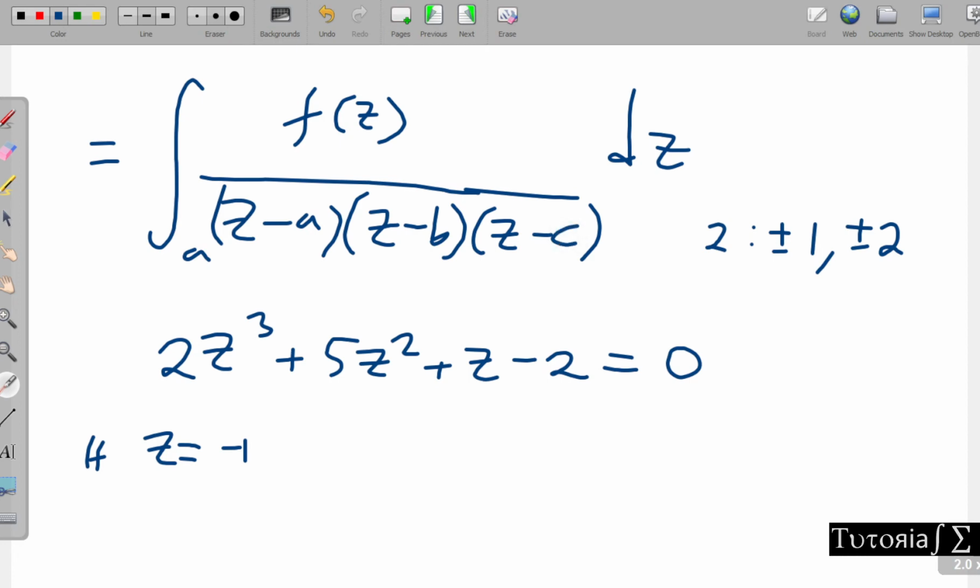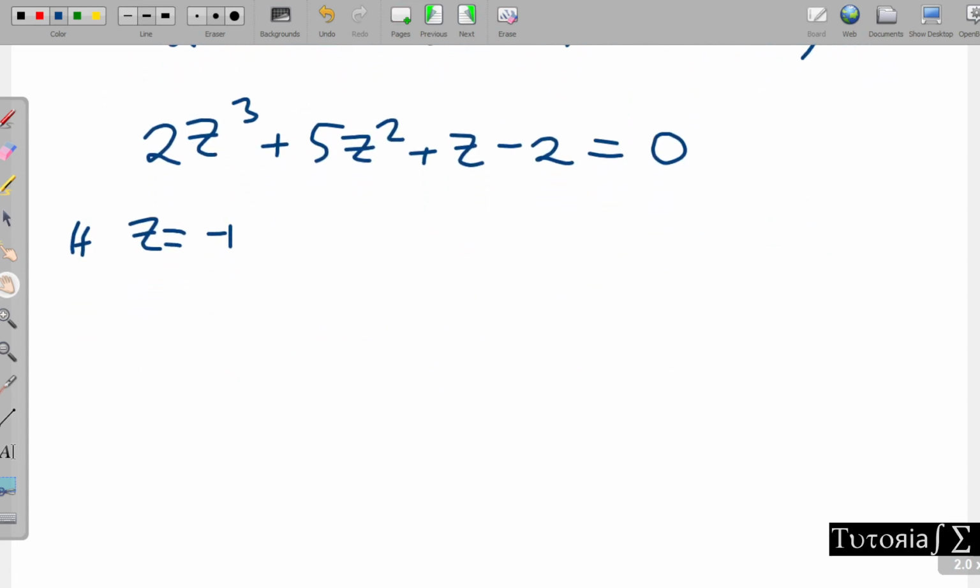Are you following? To find b and c, you can use whichever method you know how to use. For long division, the first factor that you find, you transpose it to this side so that you have z plus 1.